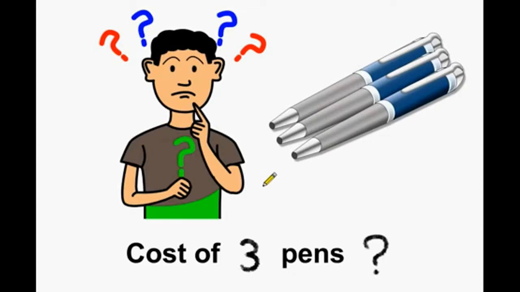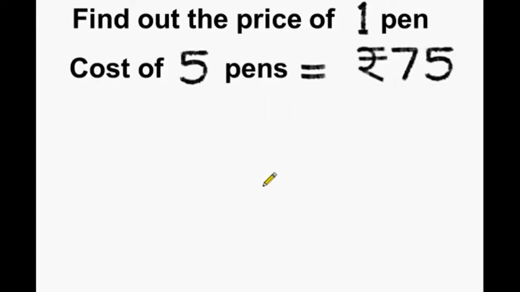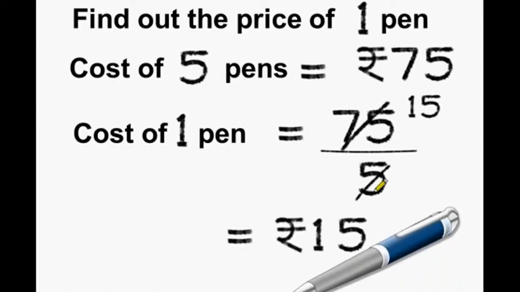How? First, we will find out the price of 1 pen. Students, as we already know, the cost of 5 pens is equal to rupees 75. Now, to find out the cost of 1 pen, we will divide 75 by 5. So, the cost of 1 pen is equal to rupees 15.